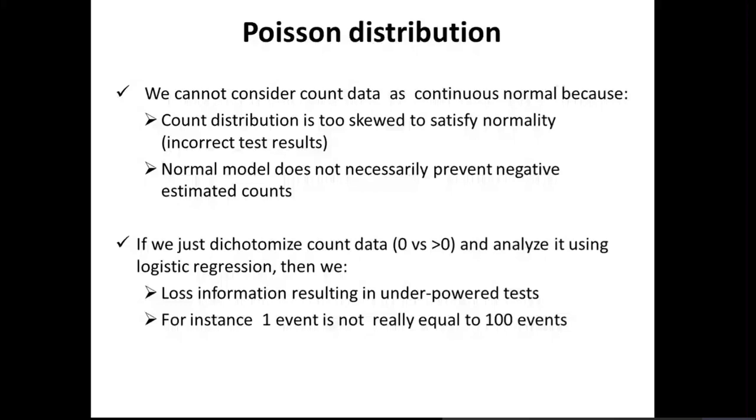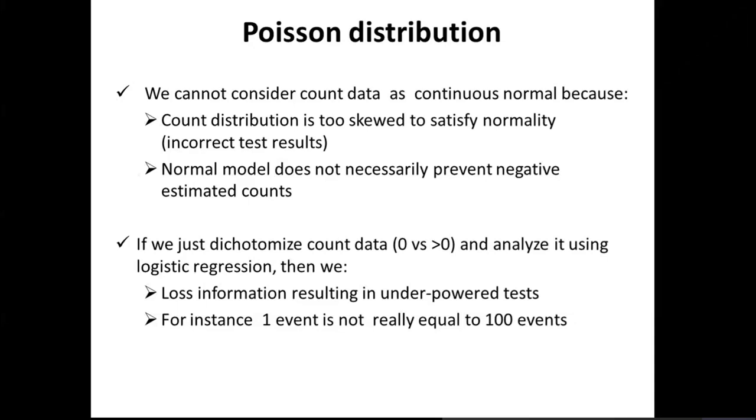And that is not true for Poisson outcomes because Poisson outcomes are always non-negative. So because of this, it is not appropriate to use count data as a Gaussian, as a normal distribution, okay?